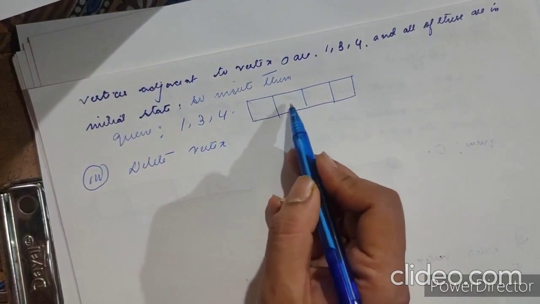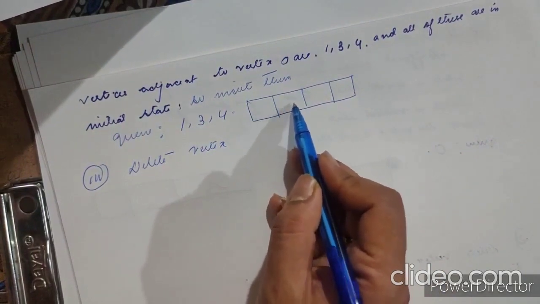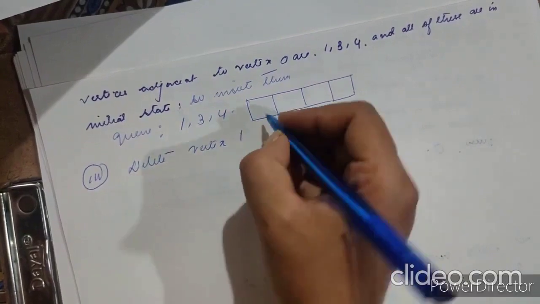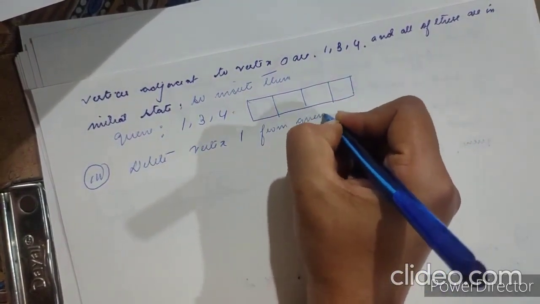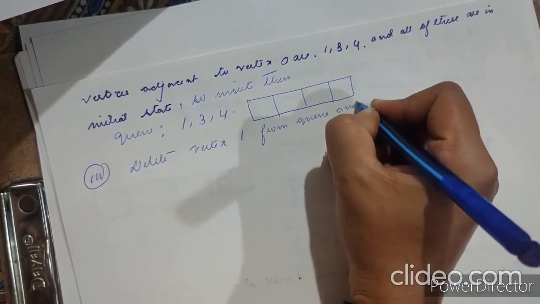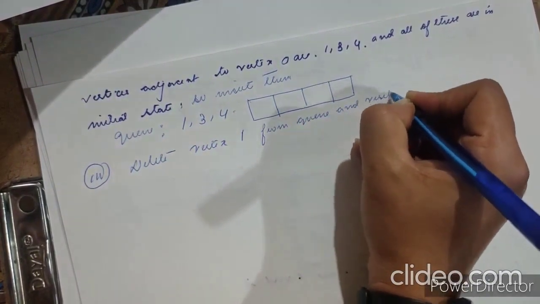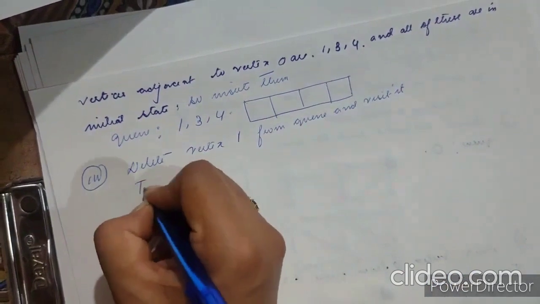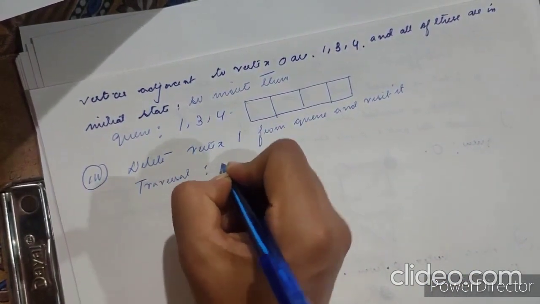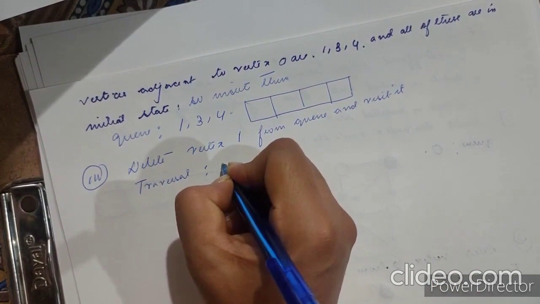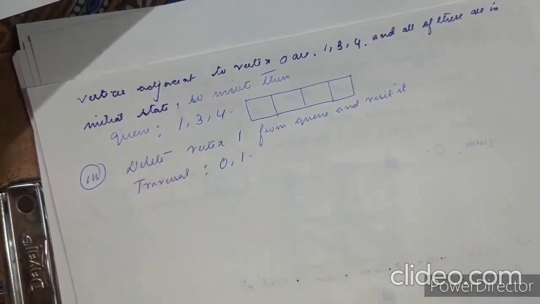So after 0, the next vertex to remove is vertex 1. Vertex 1 will be removed from the queue and visited, so your traversal will be 0 and 1.